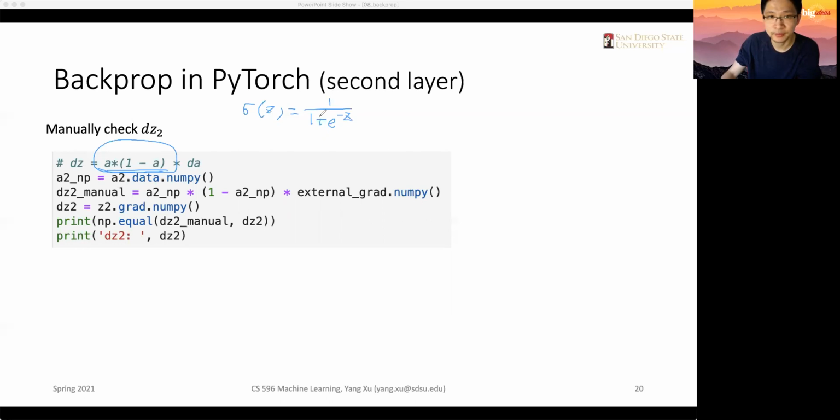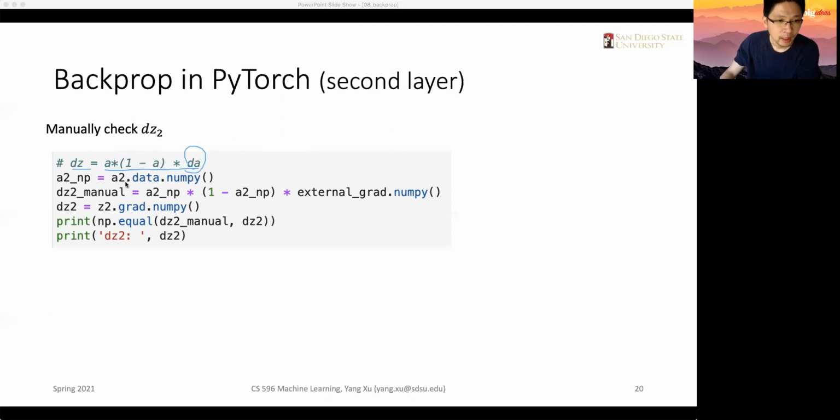When we take the derivative with respect to z, it eventually gives us a times 1 minus a, and a is just the activation. So we just use the activations to compute the gradients for dz, given the gradients of dA.